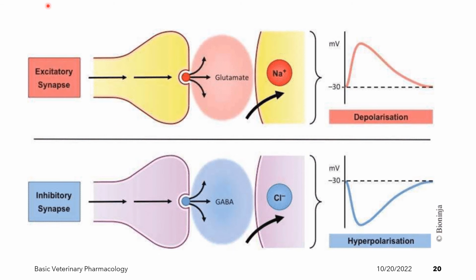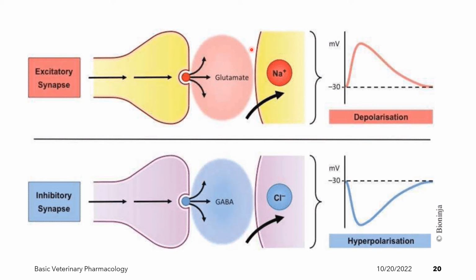In an excitatory synapse, we have here the axon terminal, the synapse, and the postsynaptic membrane. Glutamate is an example of an excitatory neurotransmitter in the central nervous system. When it is released in the synapse, it will bind to its receptor in the postsynaptic membrane.